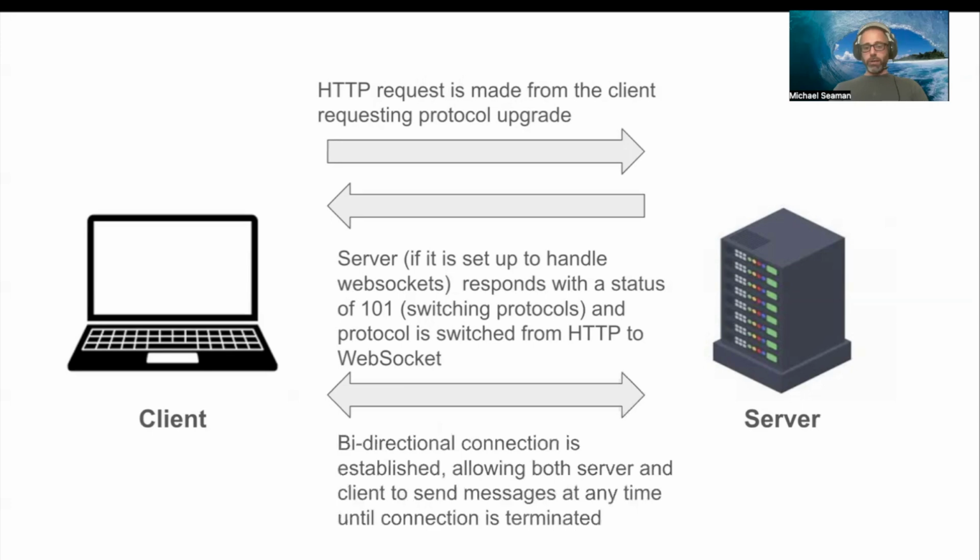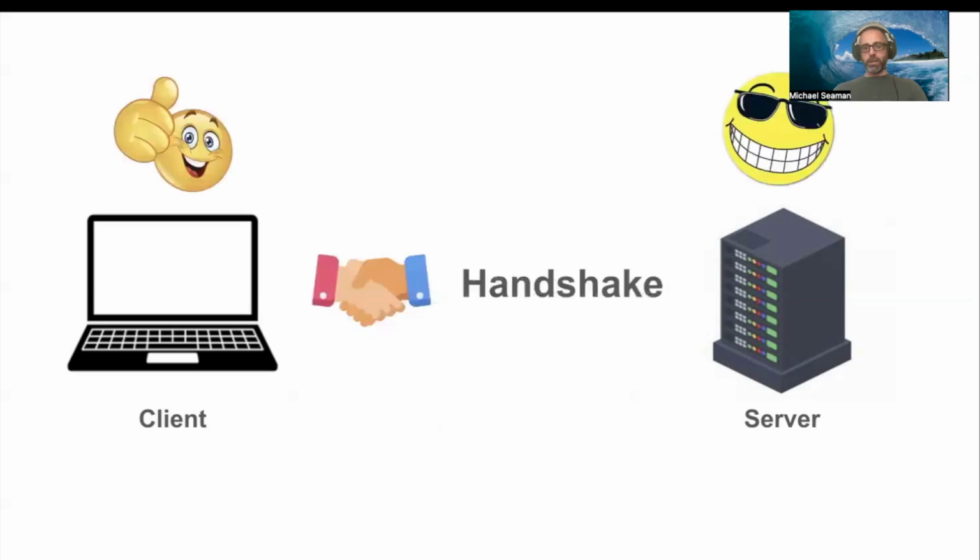And that is when you have this open, persistent, bidirectional connection established, where both the server and client can initiate communication and send messages to each other at any time. And the other end will be listening readily for those messages. This process is called a handshake, and it's friendly, as you can see.